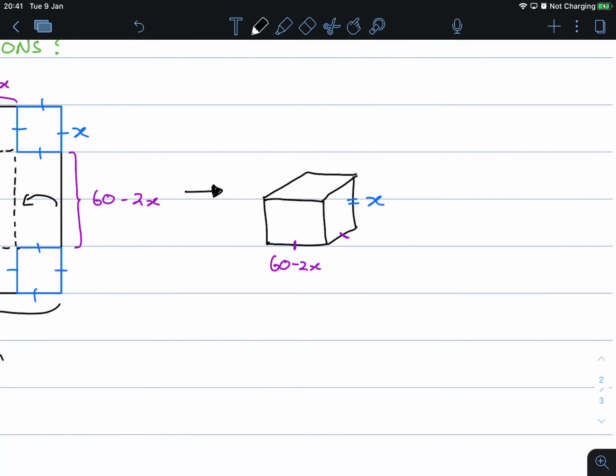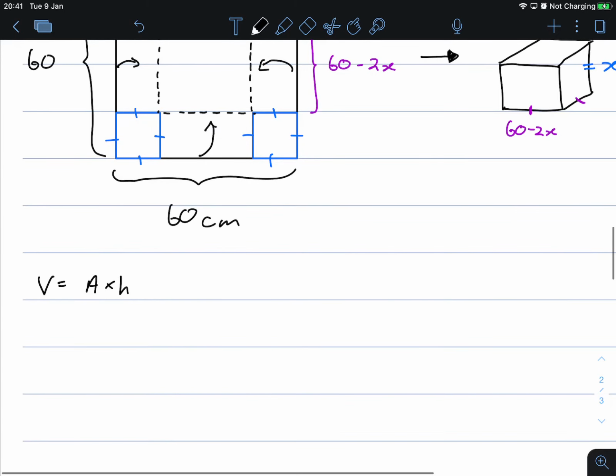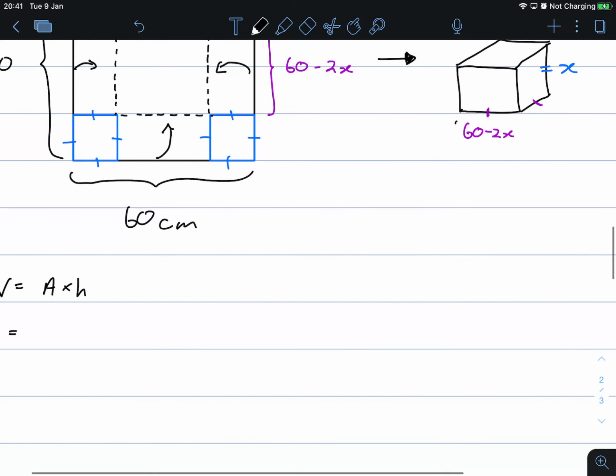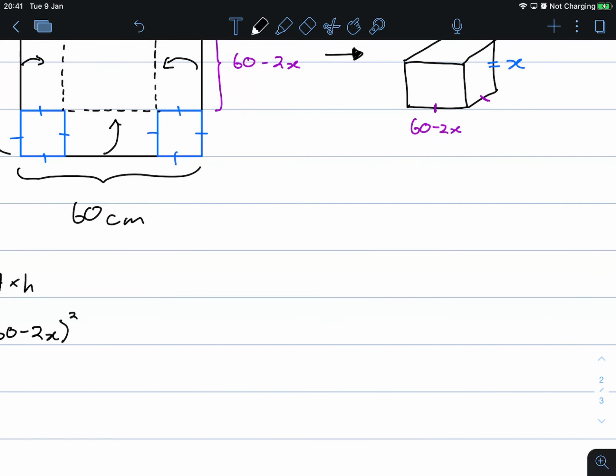Now let's write an expression for the volume of this box. So its volume is going to be the area times height. But we know the area to be 60 minus 2x times 60 minus 2x. So this is going to be 60 minus 2x squared times the height, which is x.